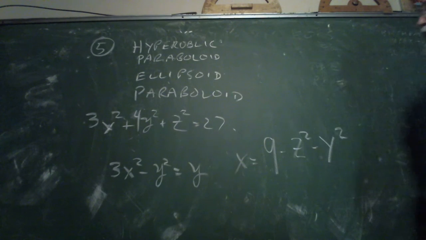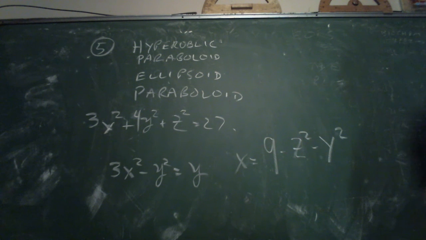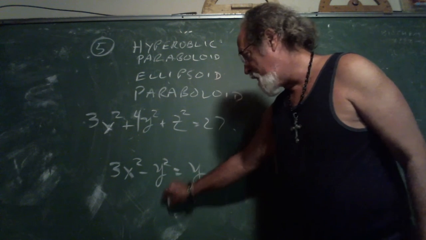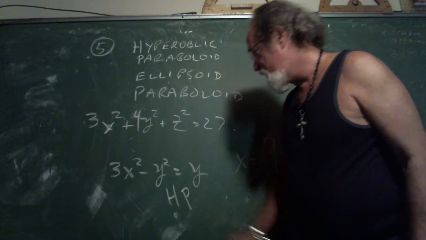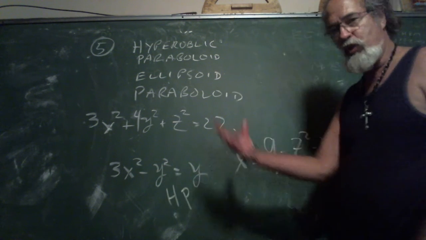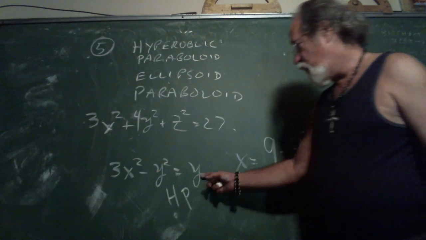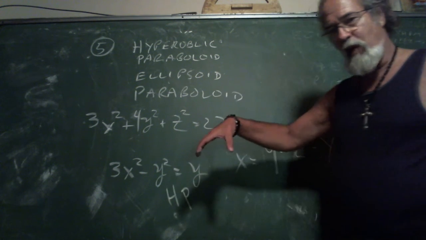Okay, so one of these is a hyperbolic paraboloid. One of these is an ellipsoid, and one of them is a paraboloid. Well, this one's the hyperbolic paraboloid, because if you let y equals 0, you get z equals 3x squared, which is a parabola facing up. If you let x equals 0, you get z equals negative y squared, which is a parabola facing down.